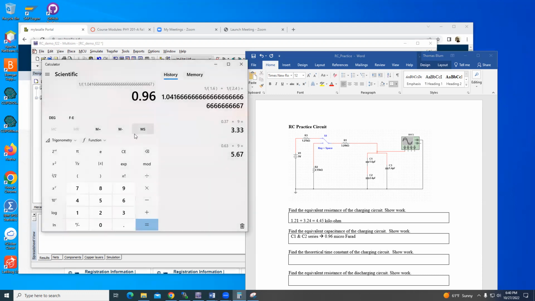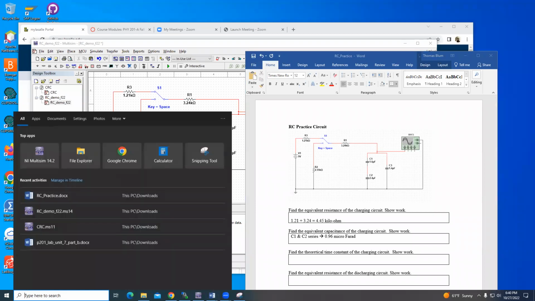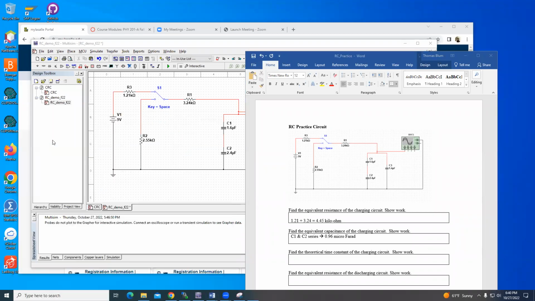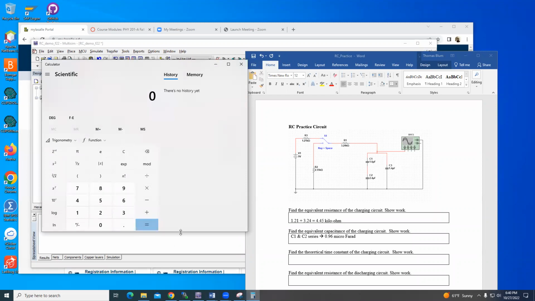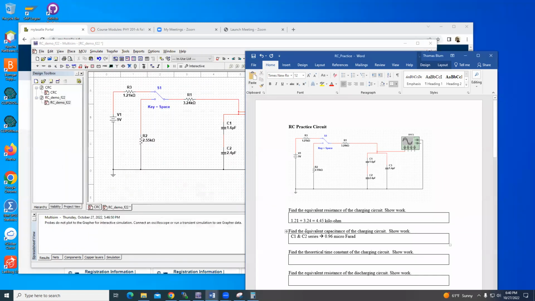Let's just try it again to be sure. Clear it out, so I have no history. It's completely clear. I'm doing 1.6 1 on plus 2.4 1 on equals 1 on. I'm getting 0.96.